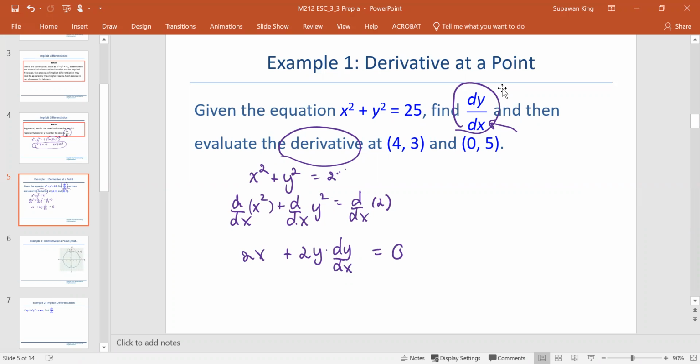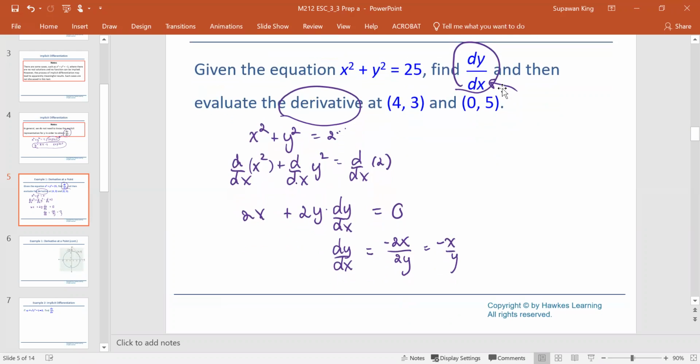Our goal is to find dy by dx. So we solve for dy by dx by subtracting 2x from both sides and dividing both sides by 2y. That gives us negative x over y. Now we have dy by dx as negative x over y.